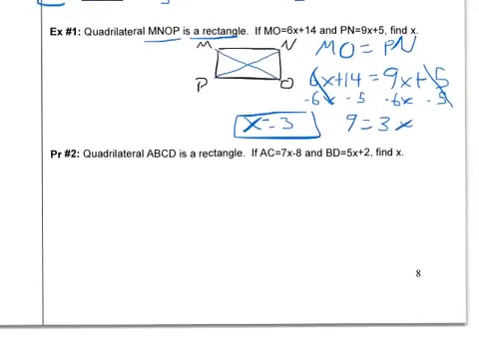So here's one just like it. Quadrilateral ABCD is a rectangle. If AC equals 7x minus 8 and BD equals 5x plus 2, find x. So go ahead and find x on your own. I would pause the video, and I'll put the answers up there in just a second.